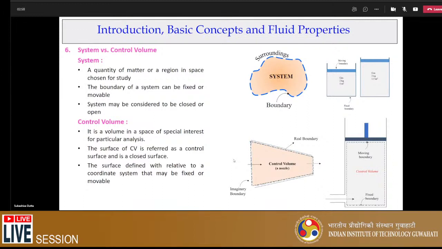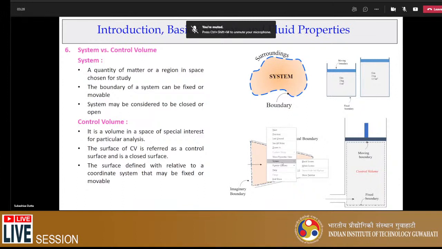But when you talk about fluid mechanics, we don't go for the control mass. Instead, we have an interest in special regions. For example, here we have control volumes. That means a particular space domain is what we consider and analyze the fluid flow over.